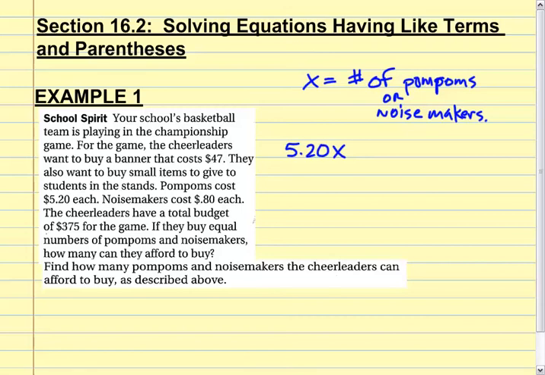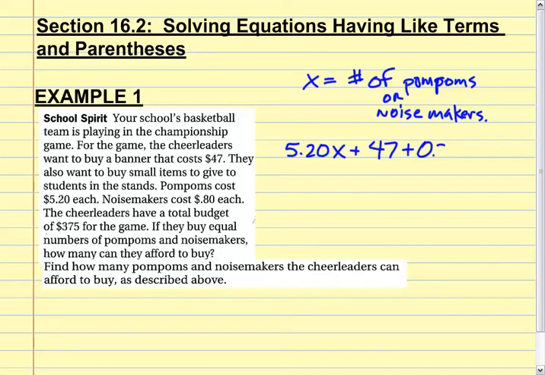Who can tell me another amount that we spend? $47 for the banner, right? Okay. Do we spend money on anything else? Noisemakers. How do we represent the amount of money that we spend on all the noisemakers? 80 cents.